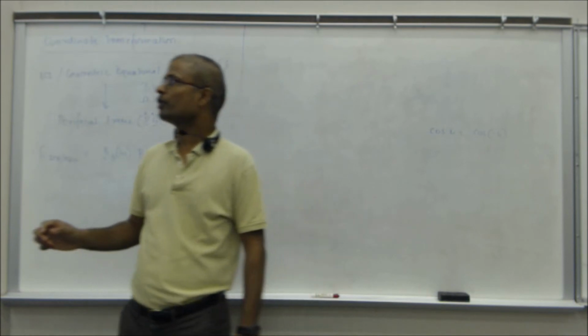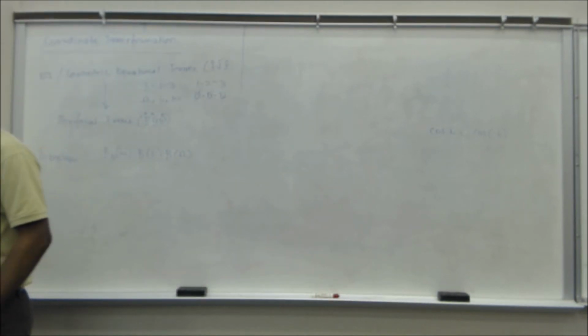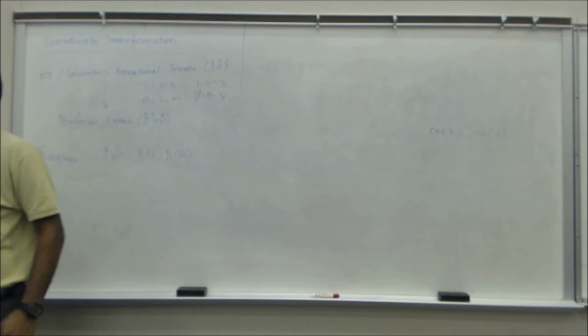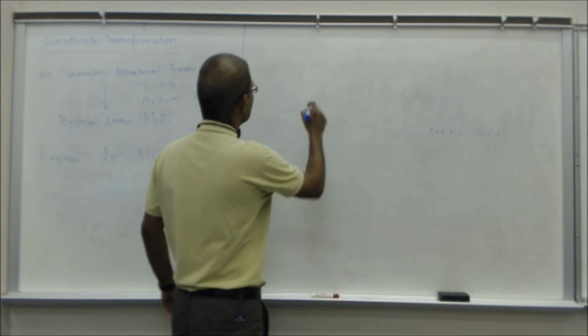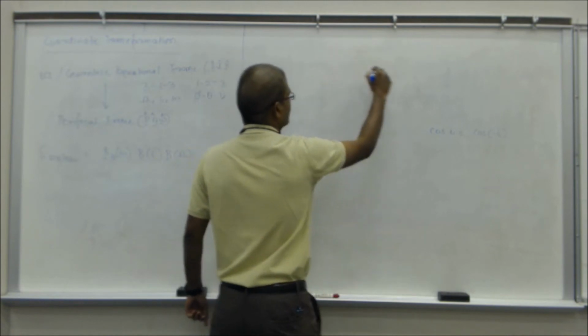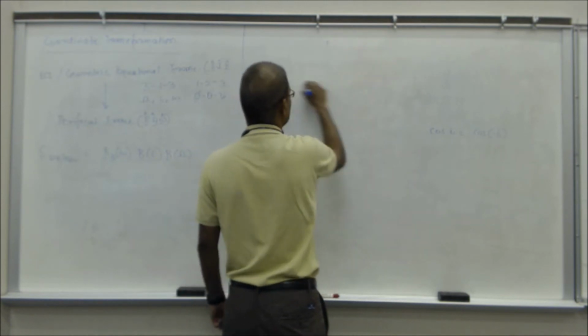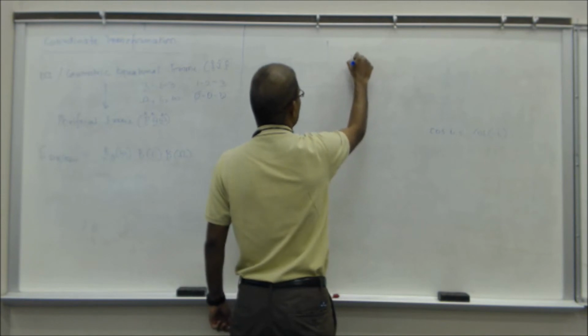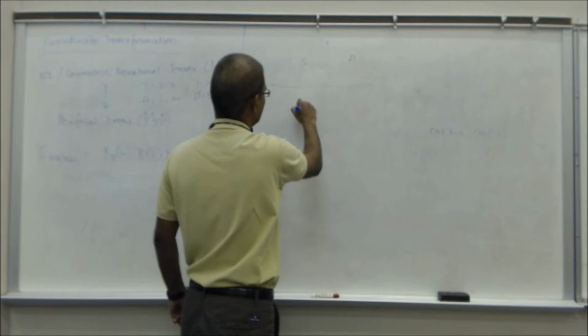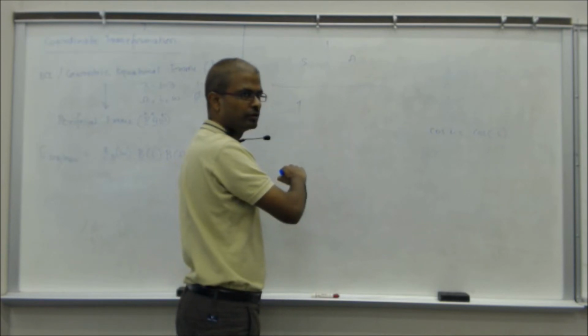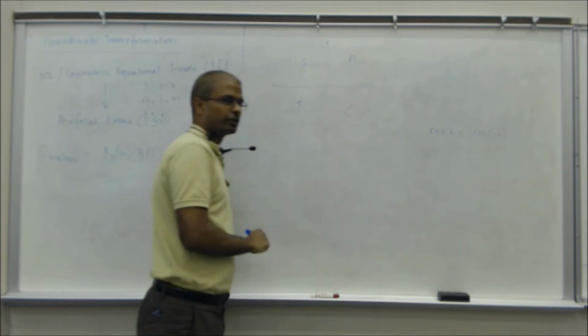Okay? So when you do this, if you do a tangent, right? You have tangents. Tangent, everything is positive here, right? Here only sine is positive. Here cosine is positive.